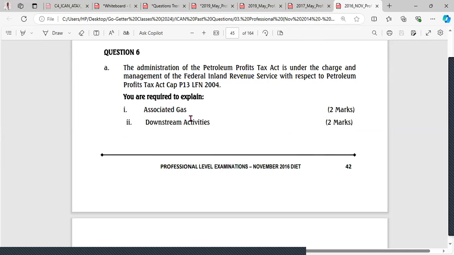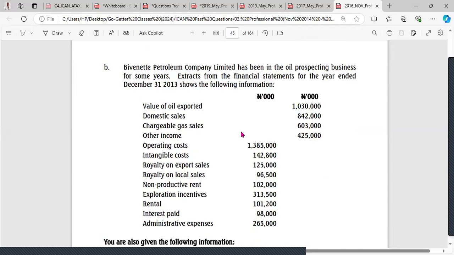We're not going to be explaining associated gas. You know that from your lectures. Downstream activities, you also know that. Now let's just do this one here.